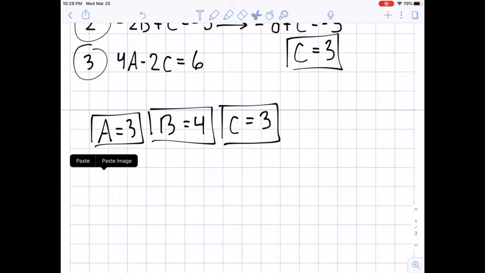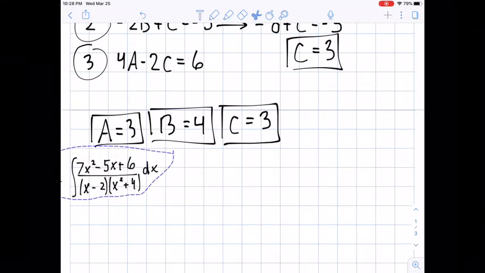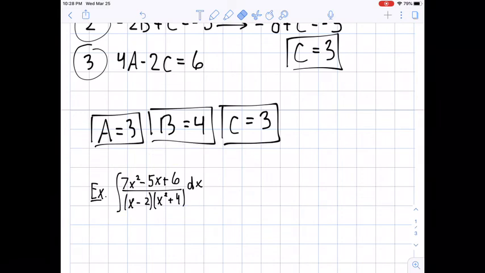We also know that going back to our original integral, so this is what we started with. Now that we know a, b, and c, we get therefore that this integral is just going to be equal to a, which was 3, divided by x minus 2.